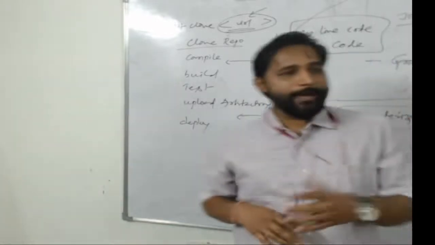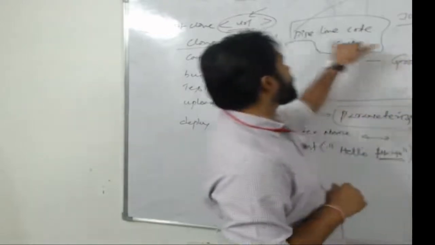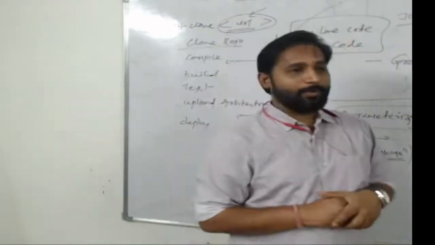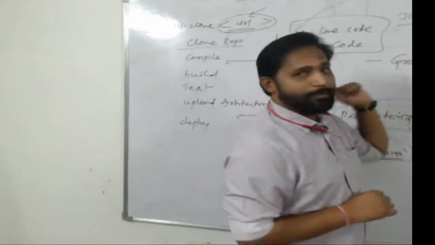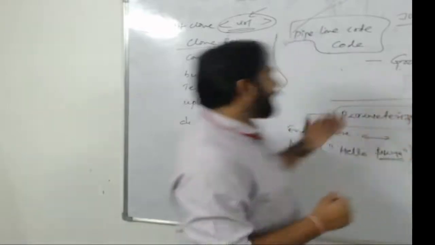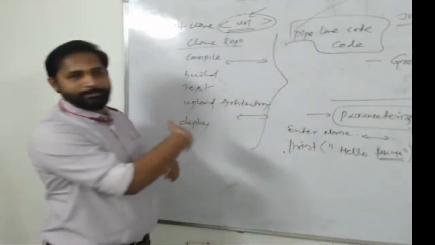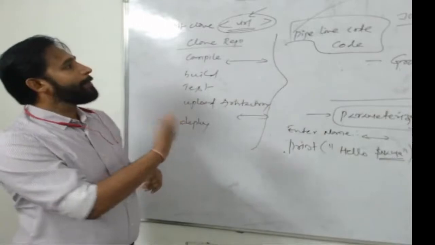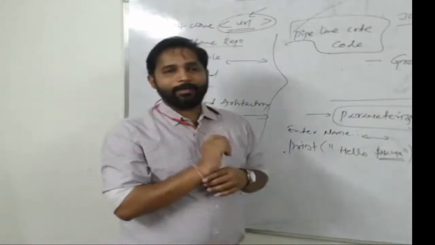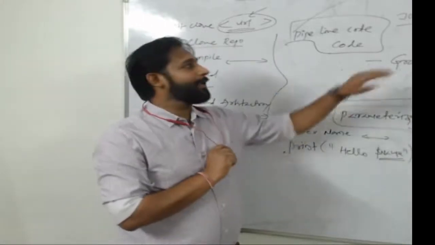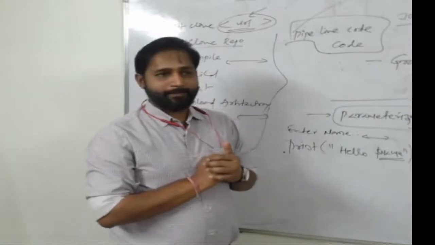Now we want to automate that part, so we moved to pipeline as code. So you have pipeline jobs. The pipeline is again the same sequence of steps, nothing is changing, but instead of manually configuring on the interface, you are writing it in a Groovy script. And you will get that nice visibility of the pipeline. You see this thing? People are fascinated by this pipeline.